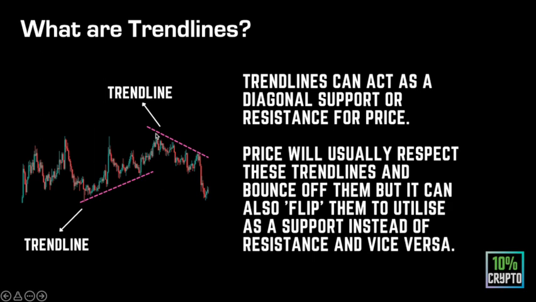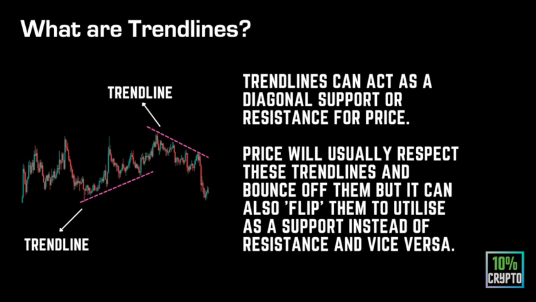As we saw with our horizontal supports as well, price will touch it, then bounce off. Over here, we've got this trend line. This trend line is acting as a resistance. Every time price is touching it, we're bouncing off, touching it again, bouncing off, touching it here, and it's causing price to push down further.